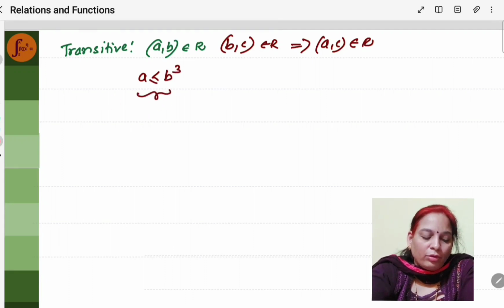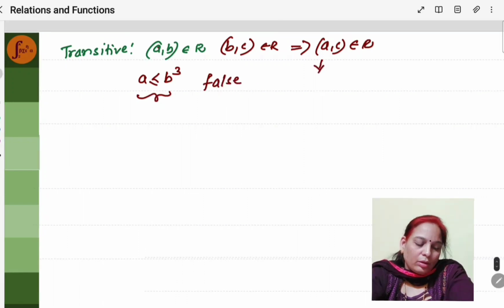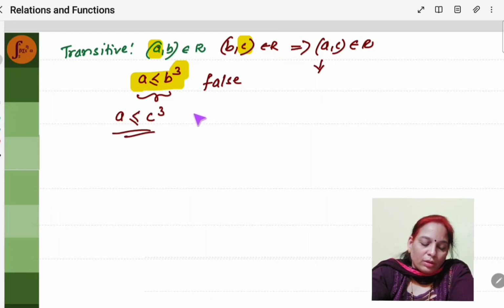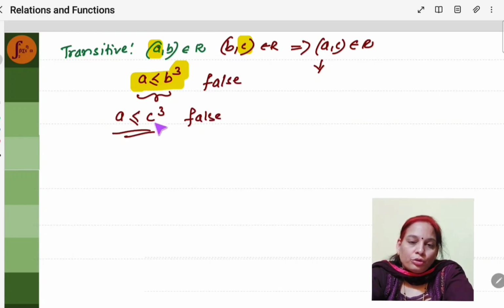Now we'll have to find some example where this condition is false. Whatever numbers I take for A and C, it should not satisfy this condition. Basically, A less than or equal to C cube should be false. A should not be less than or equal to C cube. That's how we should take the numbers.